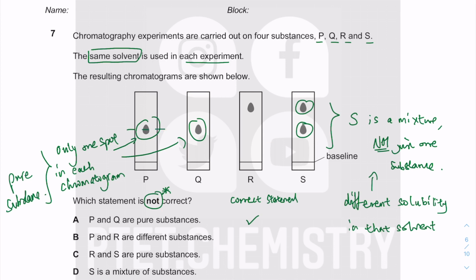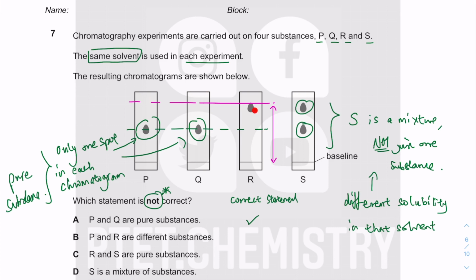I hope you can see that this is the RF value for P and Q, how much it has traveled. Of course the solvent front should be somewhere on the top, which you will label as the solvent front, because that is where the solvent moved until, and you will take out the chromatogram before the solvent reaches the very top of the filter paper.